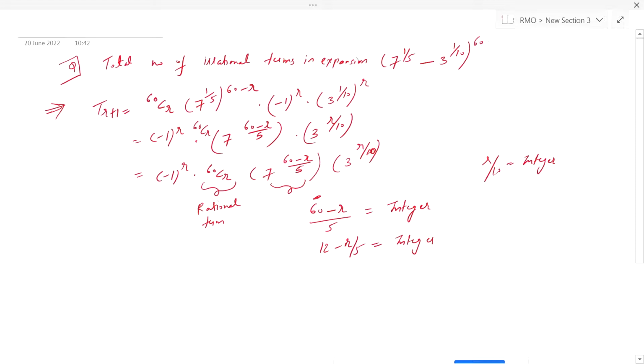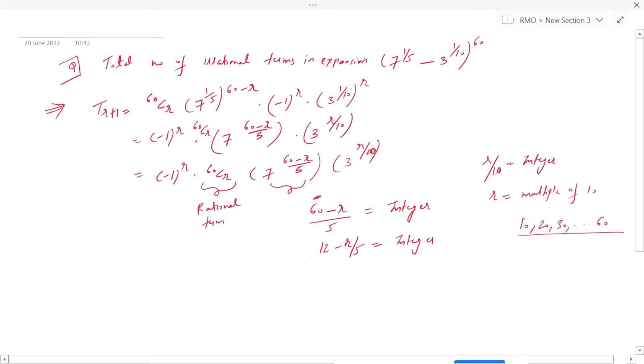So in this case, r by 10 is an integer, correct? So r has to be a multiple of 10. So 10, 20, 30, up to 60. These are the possibilities from this side. Let me check the other side. Here r has to be a multiple of 5.